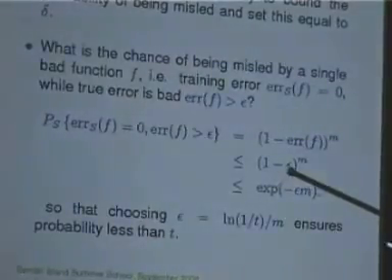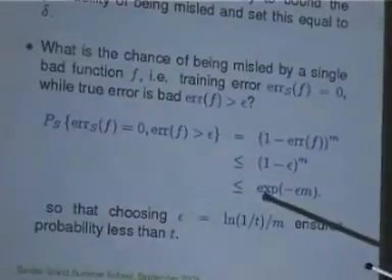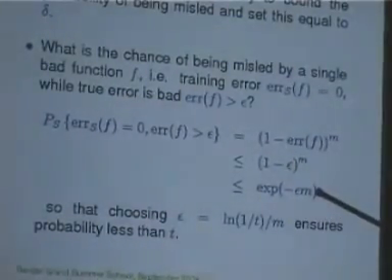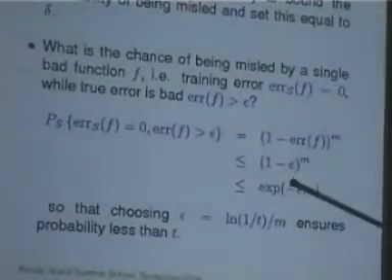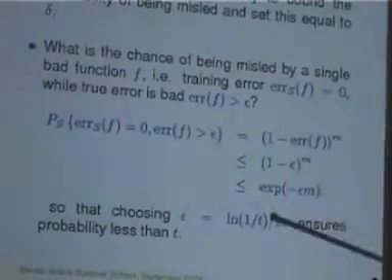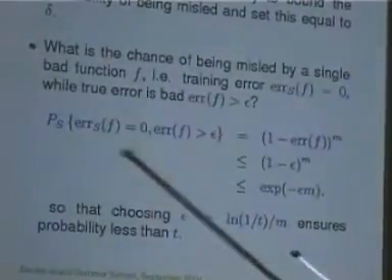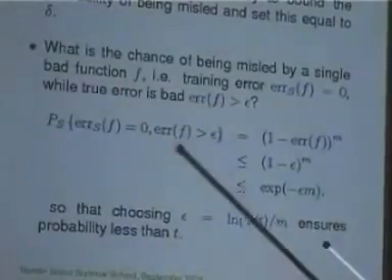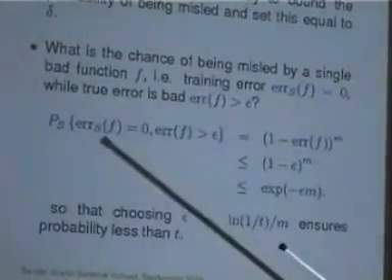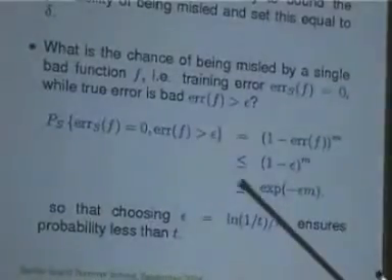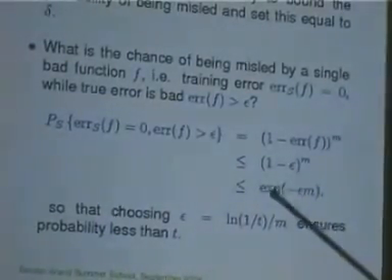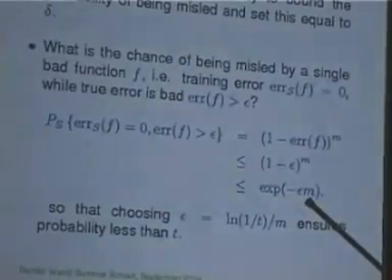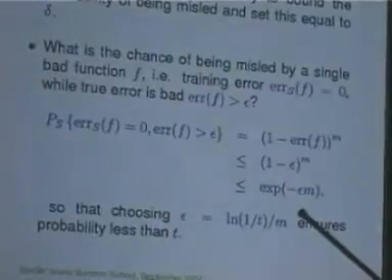So we get (e to the minus epsilon) to the power m, which is e to the minus epsilon m. It's a very standard little approximation. So the probability of this function misleading us, looking very good on the training set but actually having some error, becomes exponentially small as the training set size increases.